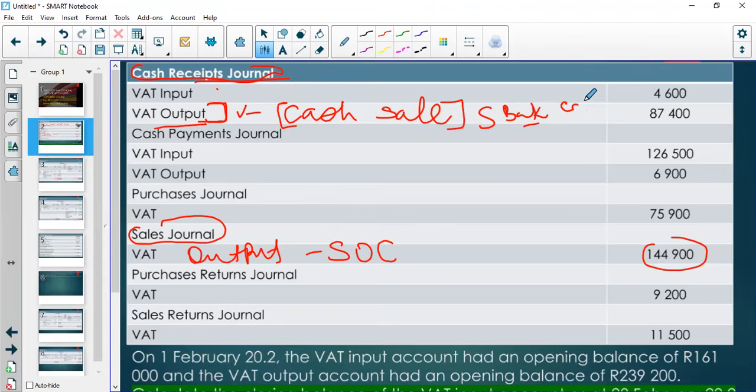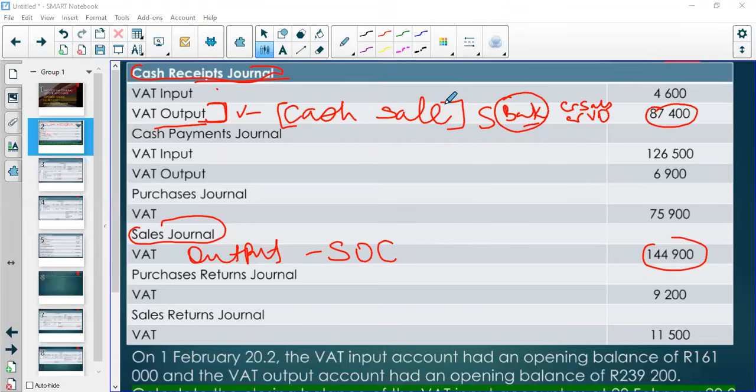Then we credit our sales, then we credit our VAT output. In this case, we are only given the VAT output portion, right? We need to remember that the debit entry was in the bank account.